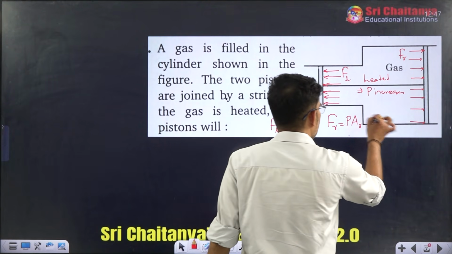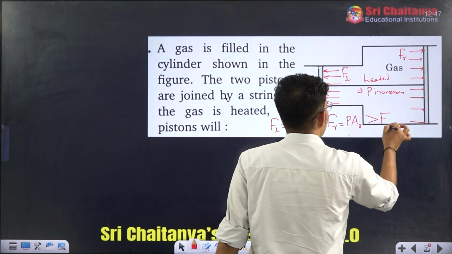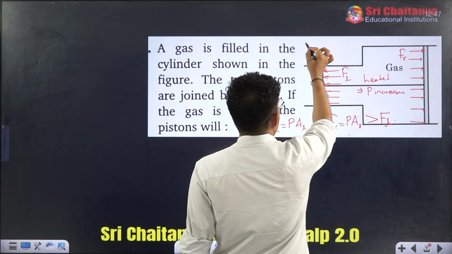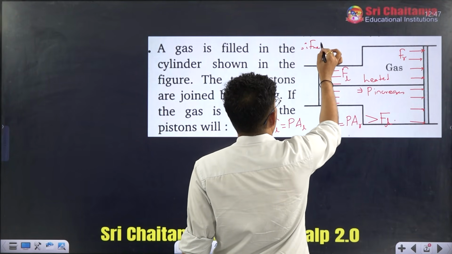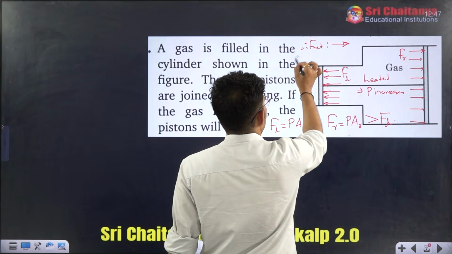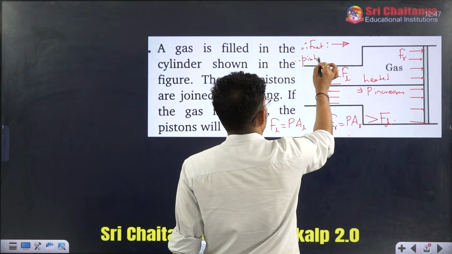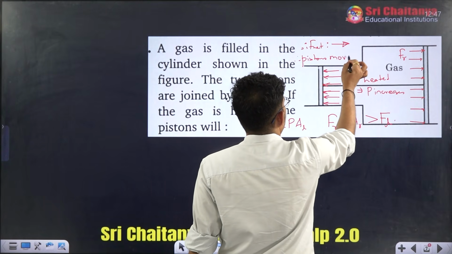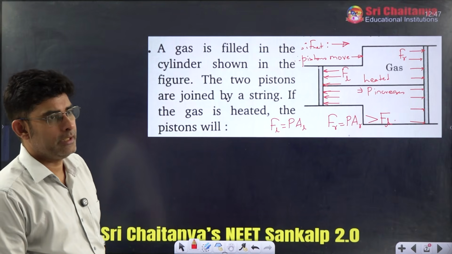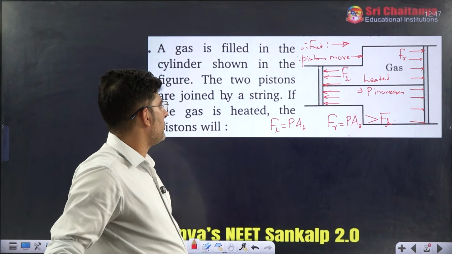So this value is greater than force on the left piston. So net force will be towards the right side. So pistons will move in which direction? Towards right. Understood? I hope this is clear to all of you. Next question.